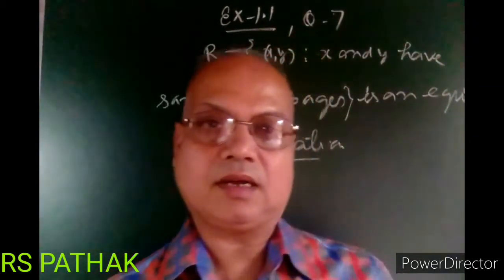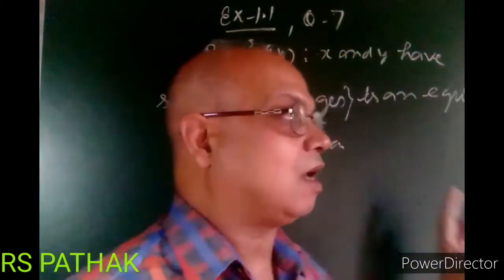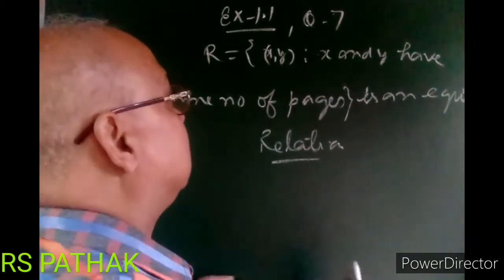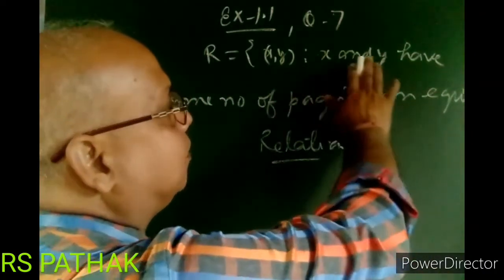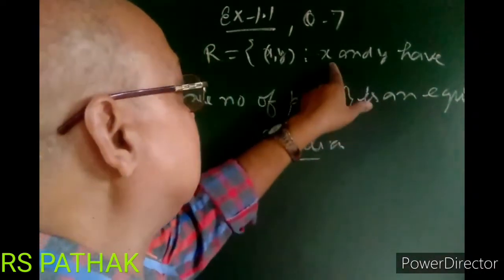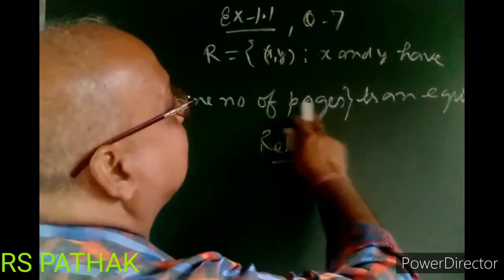First, understand the story of the question. In a library, there are so many books, x, y, different types of books, different subject books. All books have the same number of pages.